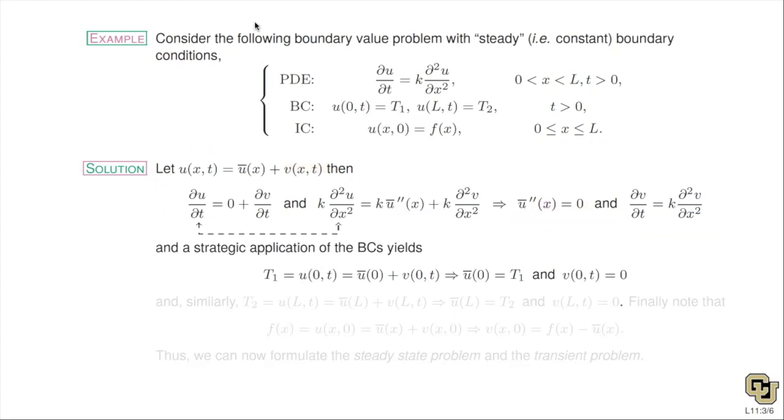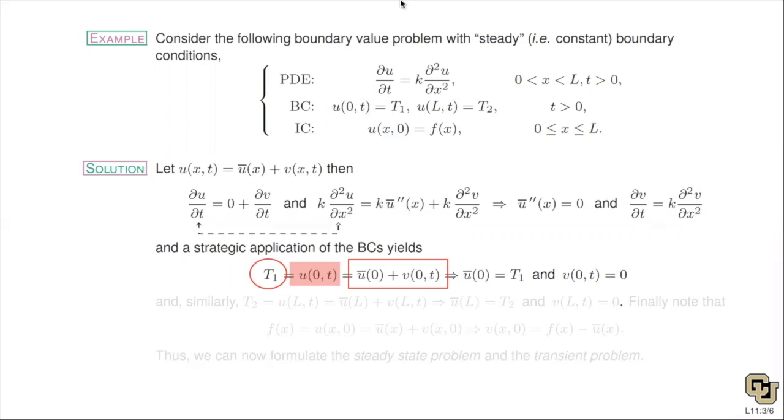So here, that's what we do for U of 0. We're given that it equals T1, but if I apply the assumption that our solution is a steady state plus transient, we can now decompose this equation. Here's the subtle part: we want the transient PDE to form a vector space. The set of functions that satisfy the transient PDE and the transient boundary conditions should form a vector space.